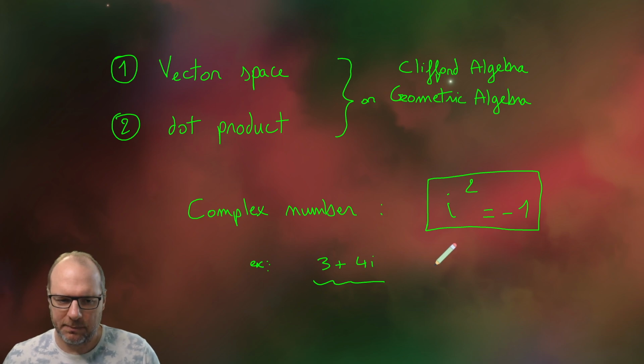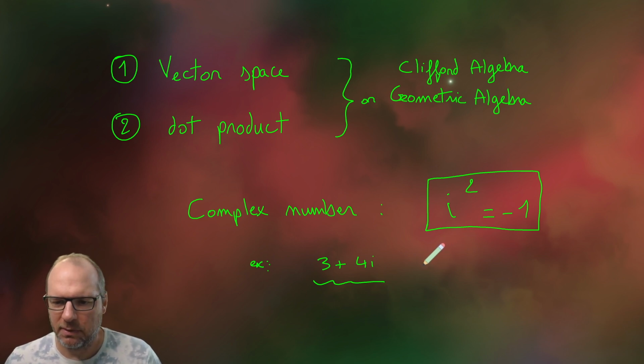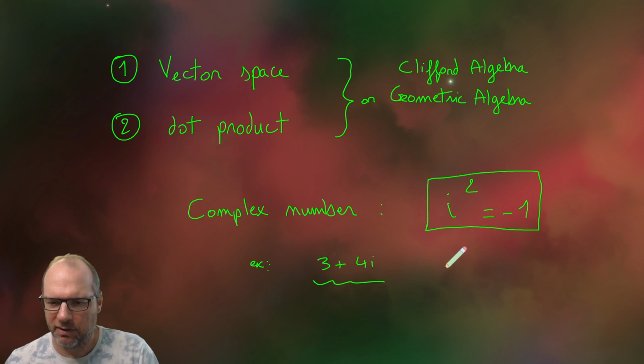And this i has a special property: its square equals minus 1. From there, we can calculate everything we want. Like ordinary numbers, you can multiply and add them.